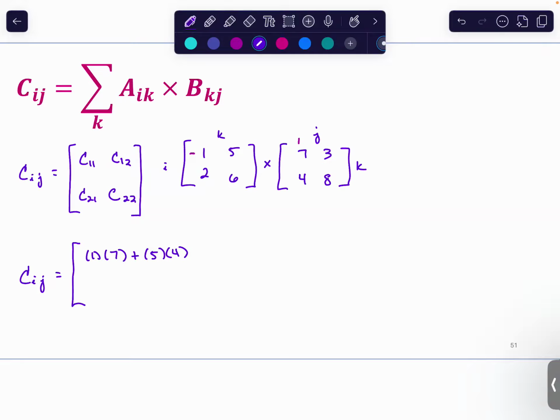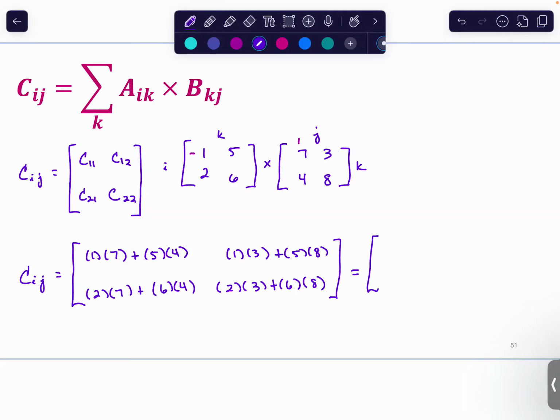Now let's go to row 1, column 2, and that's going to be 1 times 3 plus 5 times 8. Then we'll do row 2, column 1: 2 times 7 plus 6 times 4. And finally row 2, column 2, which is going to be 2 times 3 plus 6 times 8. And we get our new Cij matrix.